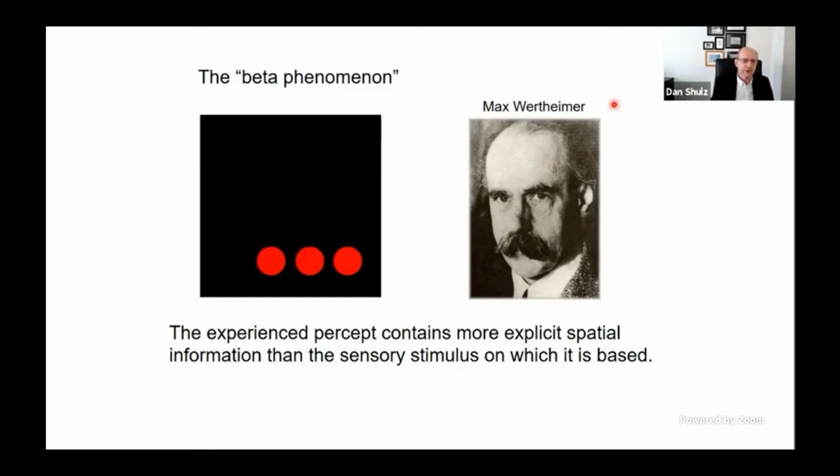He was one of the founders of the Gestalt School of Psychology, and he proposed a theory of perceptual grouping where the experienced percept contains more explicit spatial information than the sensory stimulus on which it is based.